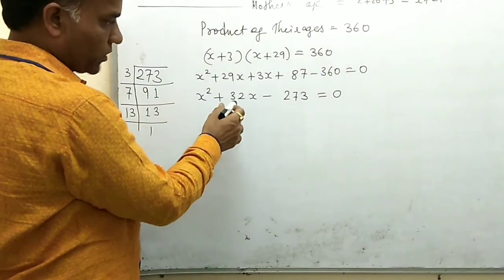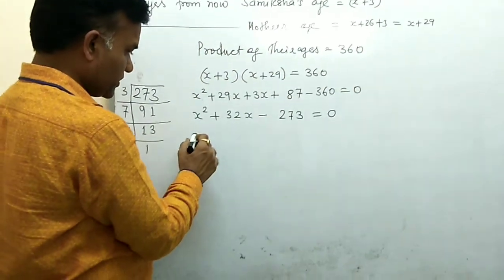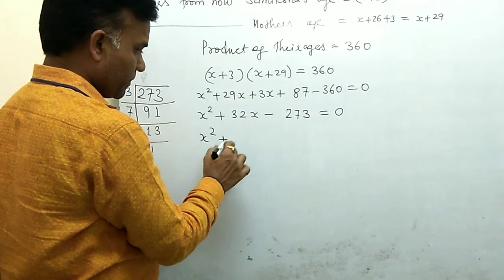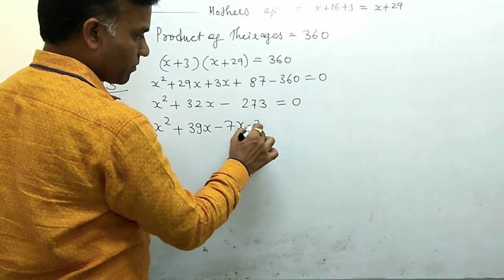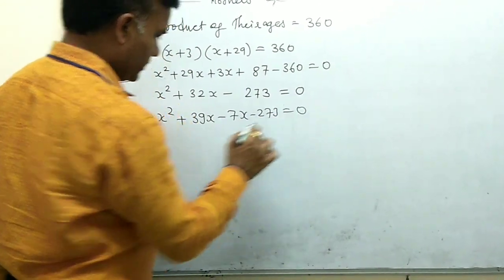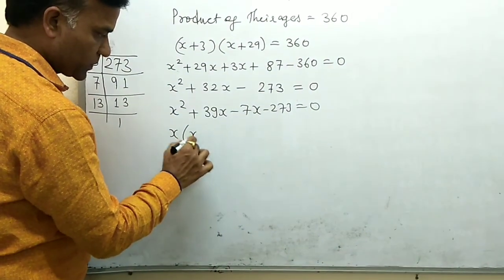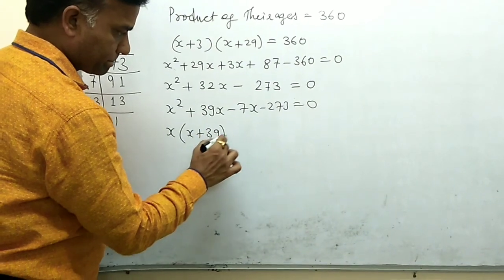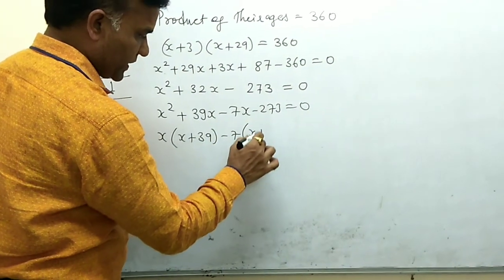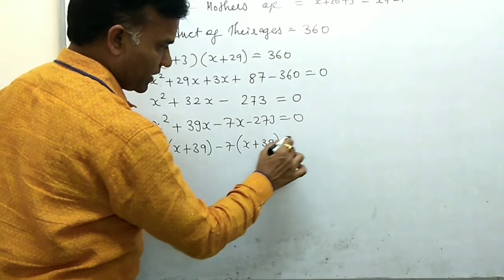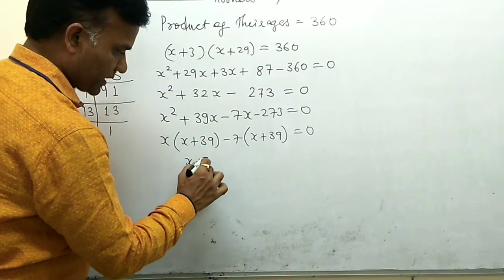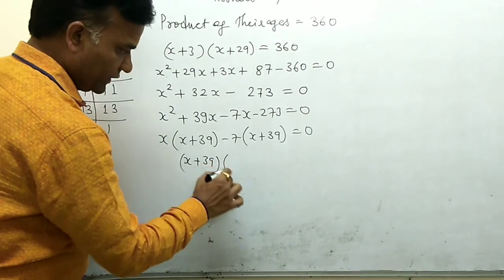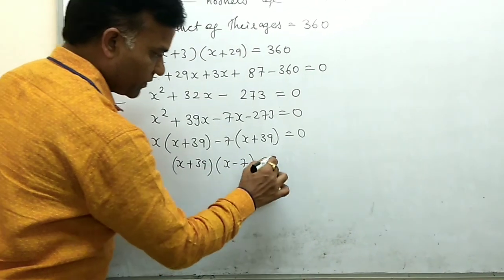The bigger number is positive because you have plus 32. So x square plus 39x minus 7x minus 273 equal to 0. Now x is common, so x plus 39, and minus 7 is common, so x plus 39 is overall common, and x minus 7, equal to 0.